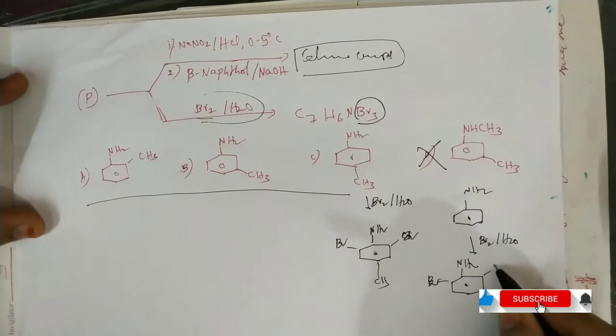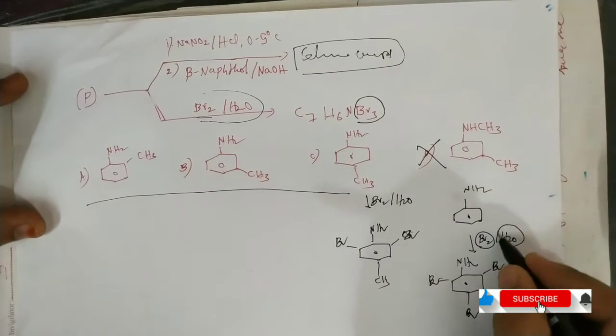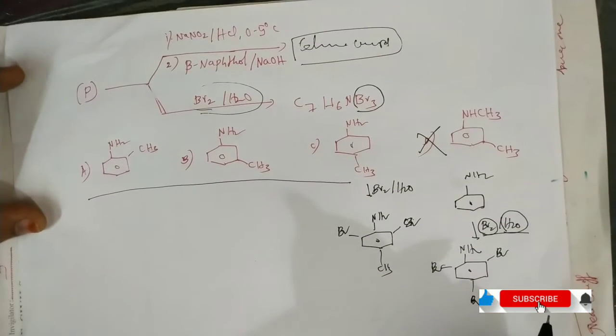Why? Because NH2 is a strong donating group, and here bromine is polarized by the H2O polar solvent. So in this case tribromination takes place.